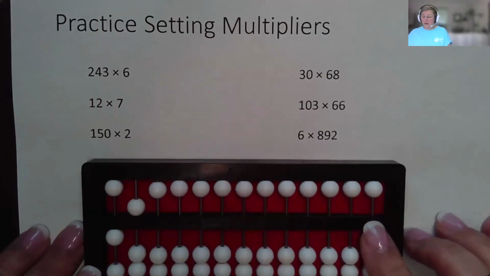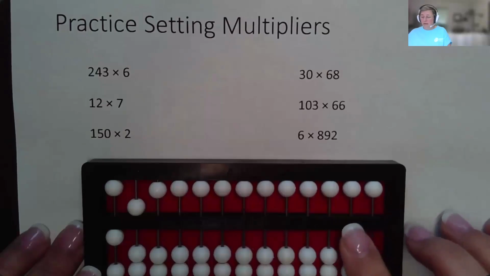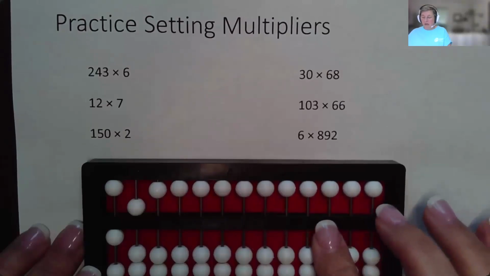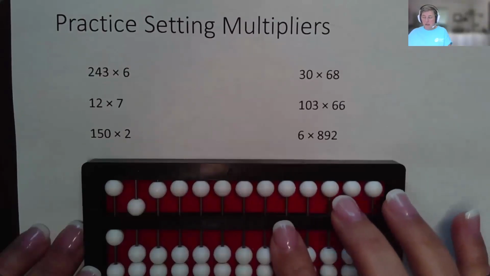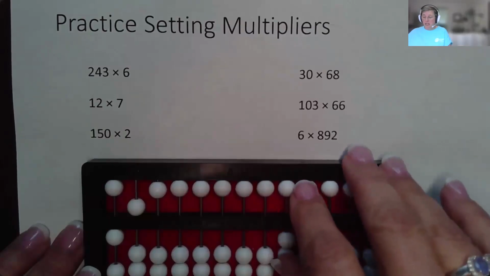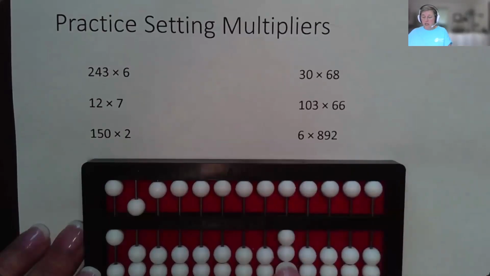Well, let's find out. 1, 5, 0 times 2. Each time I said a word, I touched a column. Where I stopped, I pushed the 2 up. It should be on the 5th column, or the 10,000ths column.